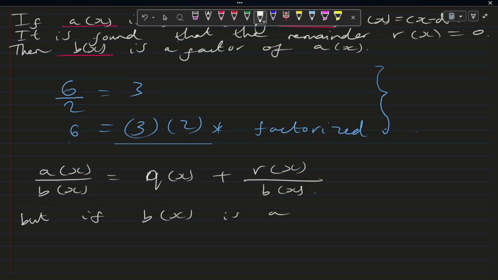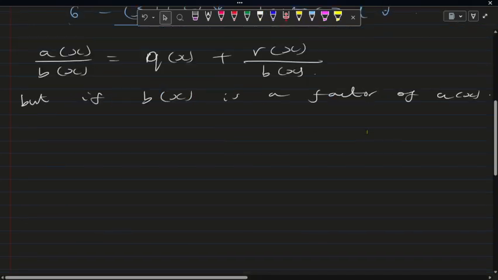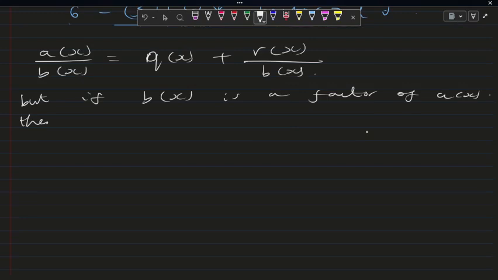But if b of x is a factor of a of x, then the above equation becomes a of x over b of x is equal to q of x.